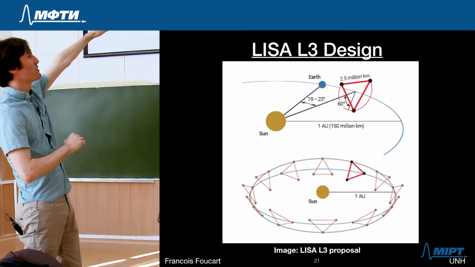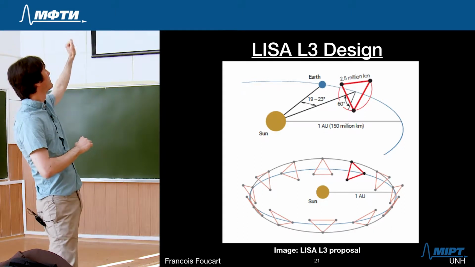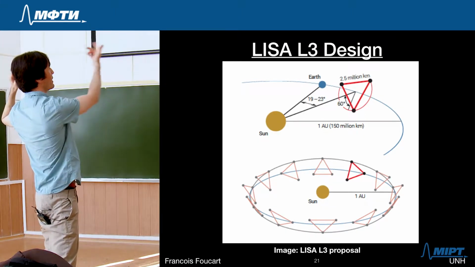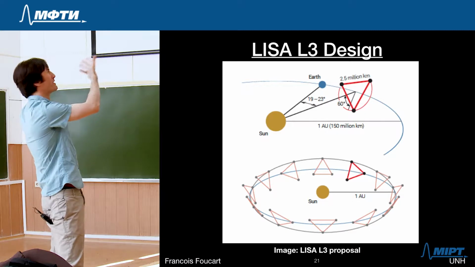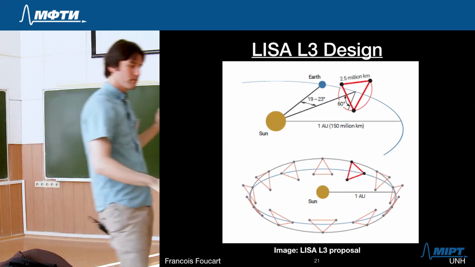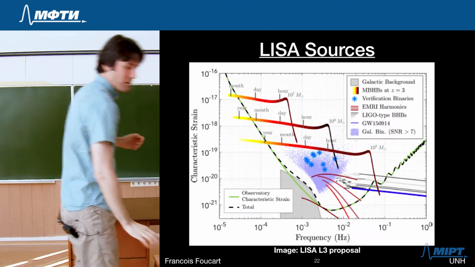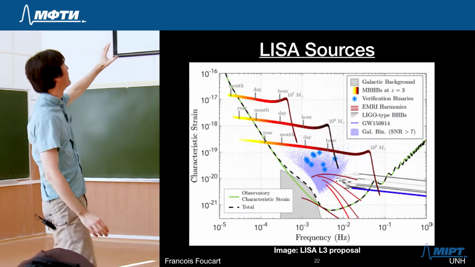Currently, it's arms of detectors which are about 2.5 million kilometers. Right? And LISA rotates around the Sun and changes its orientation over time as it goes around the Sun. Right? And what it's sensitive to is all of these systems here.